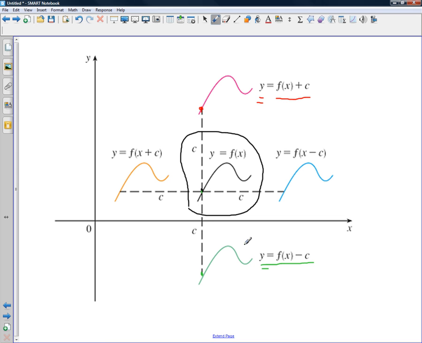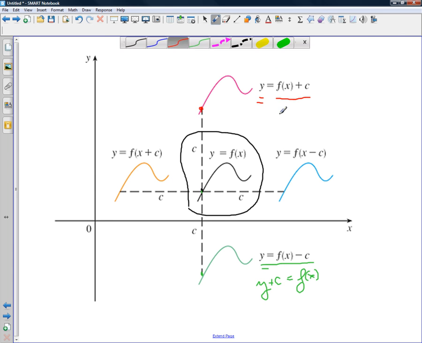Now, one of the things that the books don't often talk about is the fact that this is the same thing as saying y plus c equals f of x. And it might be more helpful to think of it this way when we think of the left-right movements that we're going to look at in just a second. Consider this red one up top.